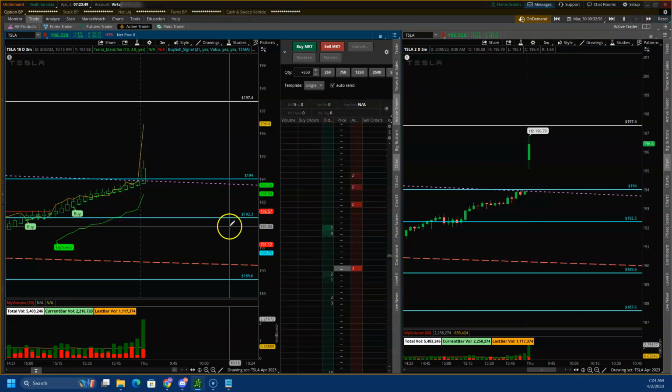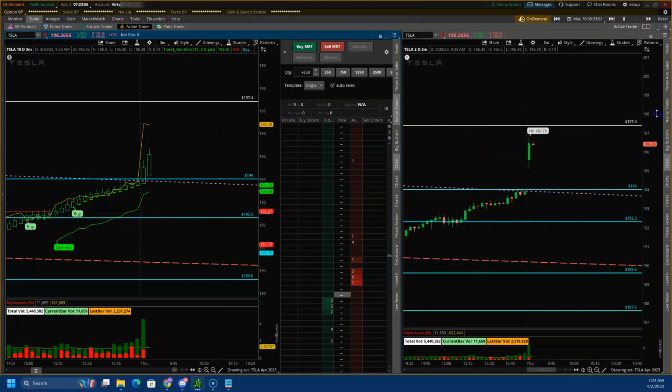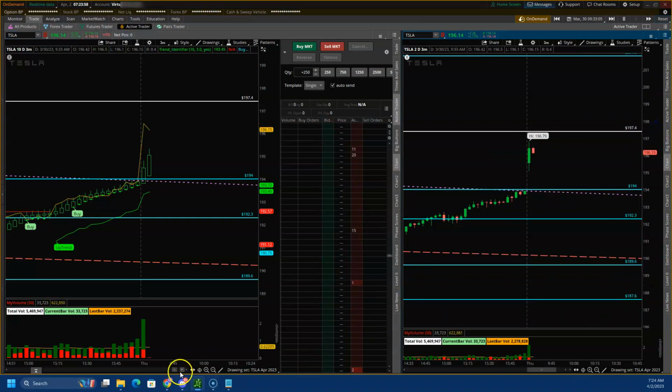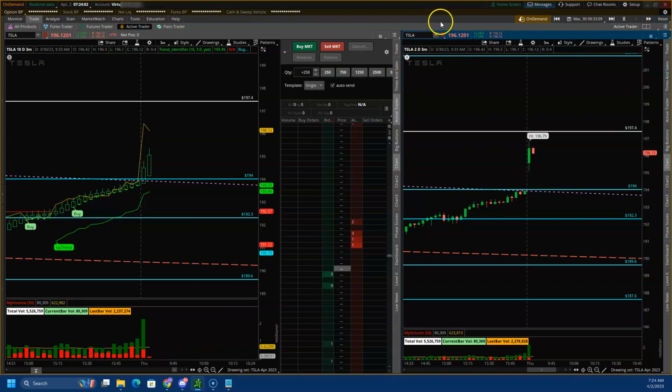So this is a 3-minute chart. You can put this signal on a daily chart, a 5-minute chart, a tick chart, whatever you want to trade. You can use it for futures, forex, stocks.